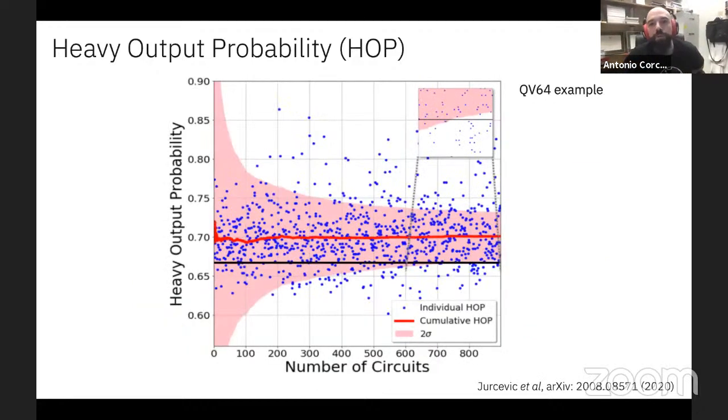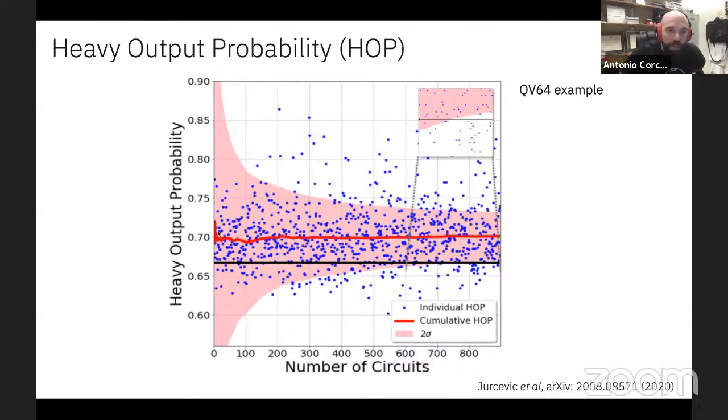And this is an example for quantum volume 64 that was measured last year, where in the x-axis we see the number of circuits. Each of these circuits has a heavy output probability that is a blue dot. The black is the threshold that we are hoping to beat, and the red is the cumulative average of the heavy output.